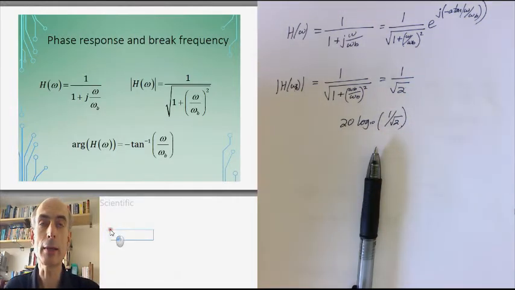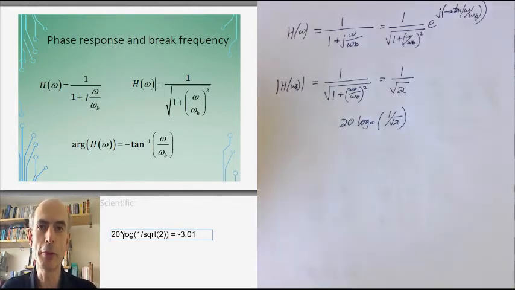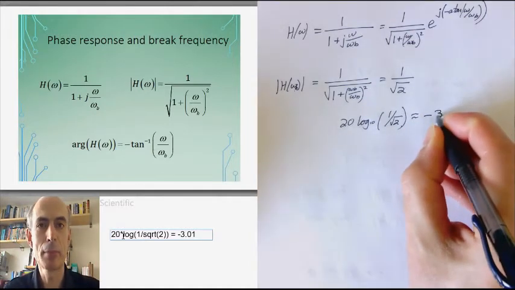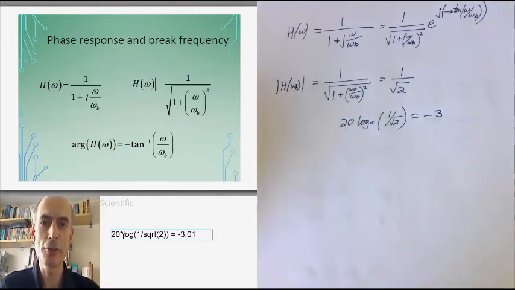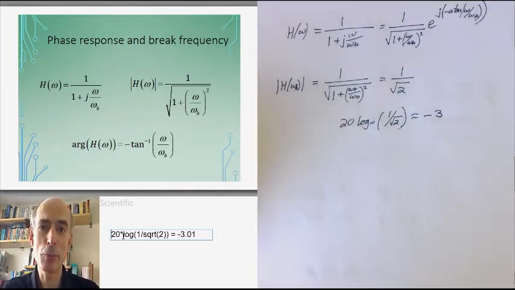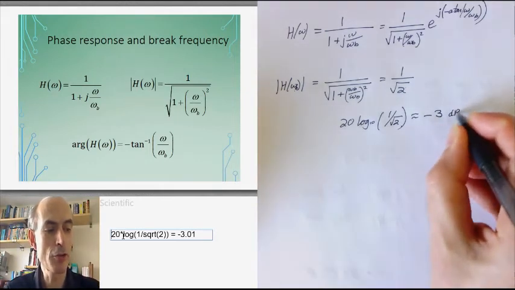And if I work that out, the answer comes out to be approximately minus 3. It's actually very close to minus 3, minus 3.0103. Usually we don't bother about the small difference, and we just call this the minus 3 dB point.